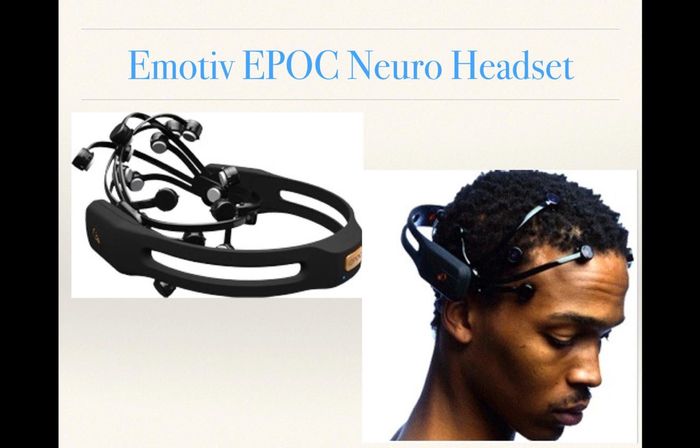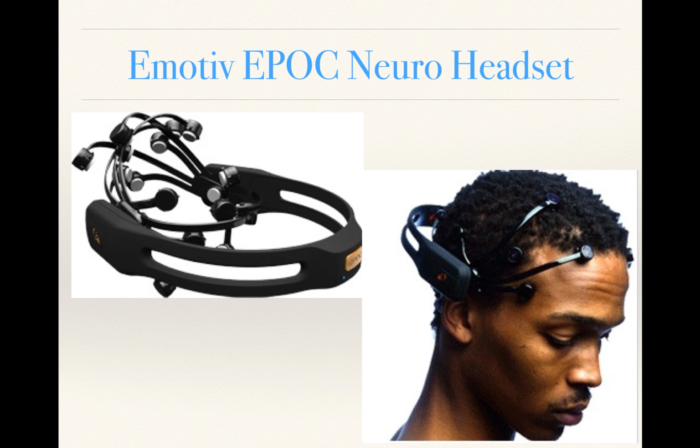One of the techniques that I'm using is collecting EEG. As you saw in the previous charts, I'm collecting beta and alpha waves. This is the Neuro headset from Emotiv EPOC that I'll be using. There are 14 sensors here.